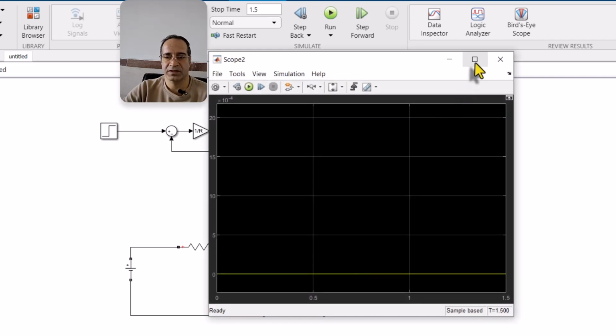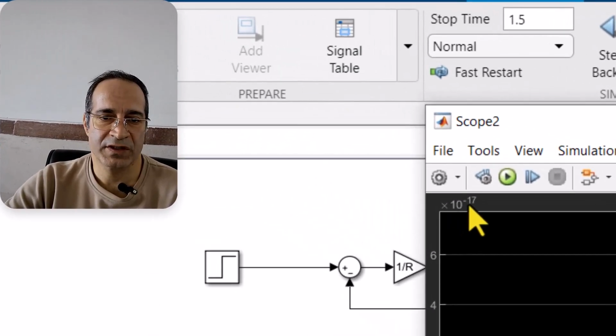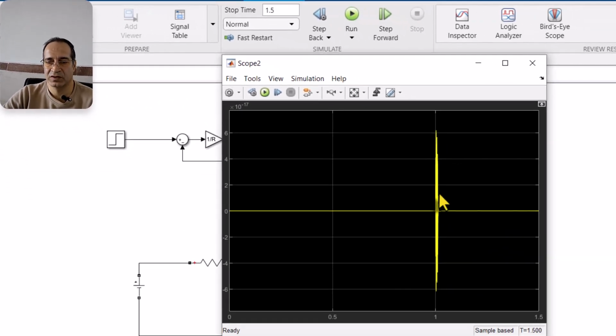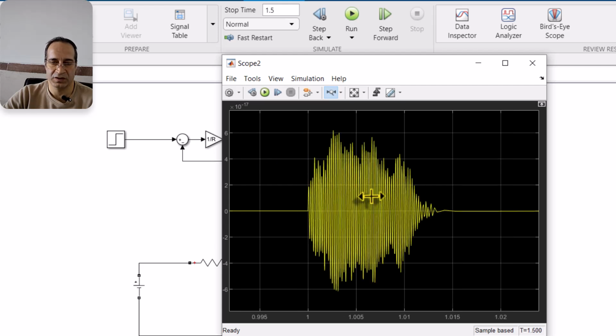It is completely 0, which is not correct. No, it's working, but 10 to the minus 17 cannot be correct. Okay, it's almost 0. There are some changes, but not correct. There's a problem here.